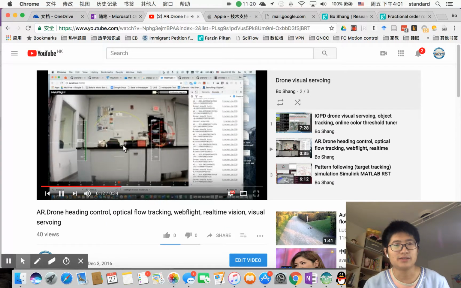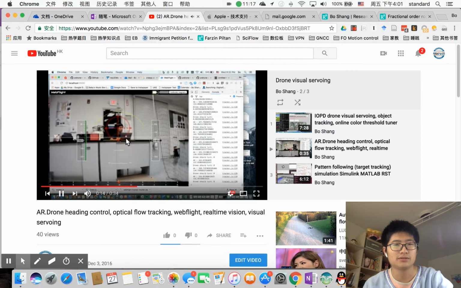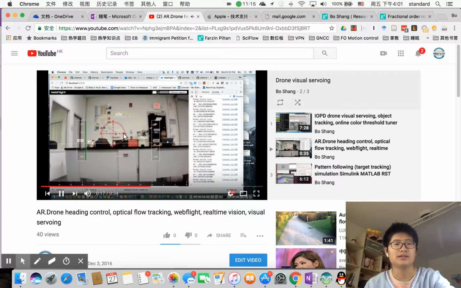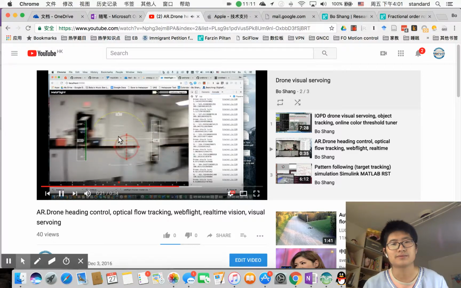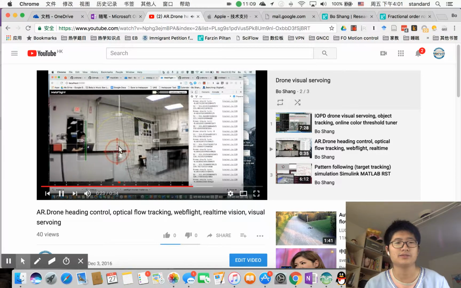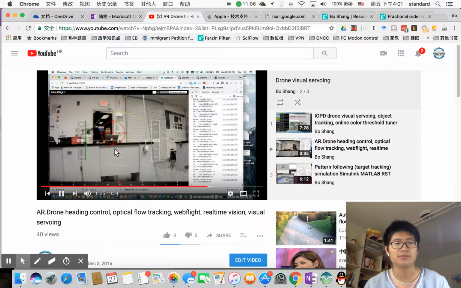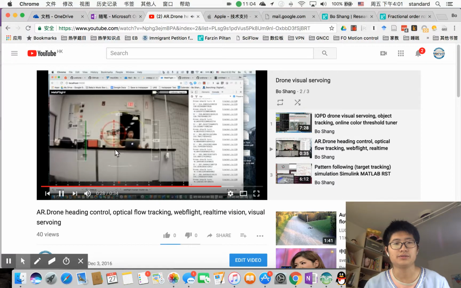You can see the drone goes forward, backward, but the heading is always to the target. So this is a small video to demo the drone video serving using AR drone.